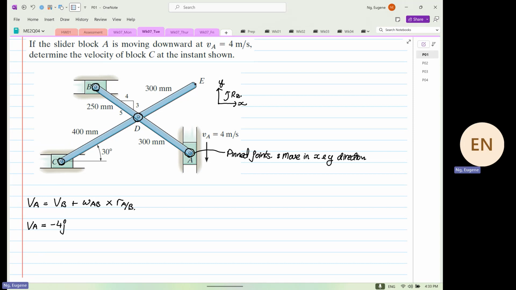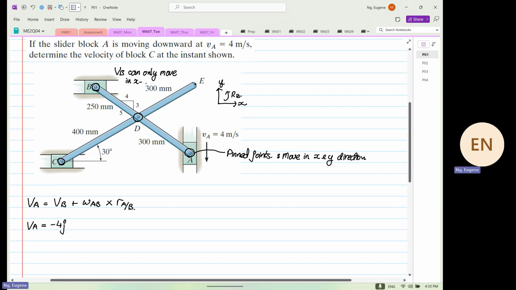What is interesting over here, I want to take your attention to B. At point B, again, this is a velocity analysis, we know that VB can only move in the X direction. Yes or no?